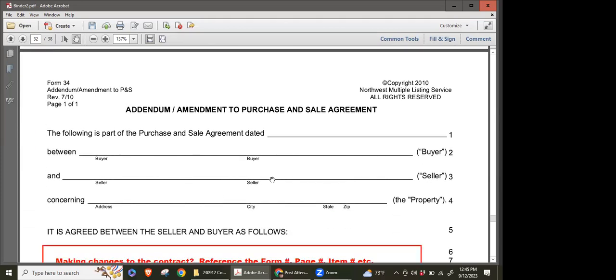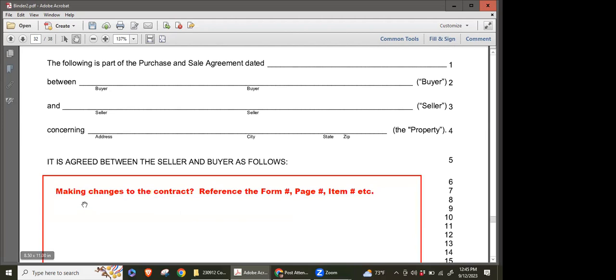Form 34, we go over a lot and we give a lot of recommendations. Sometimes people will say per form, blah, blah, blah.